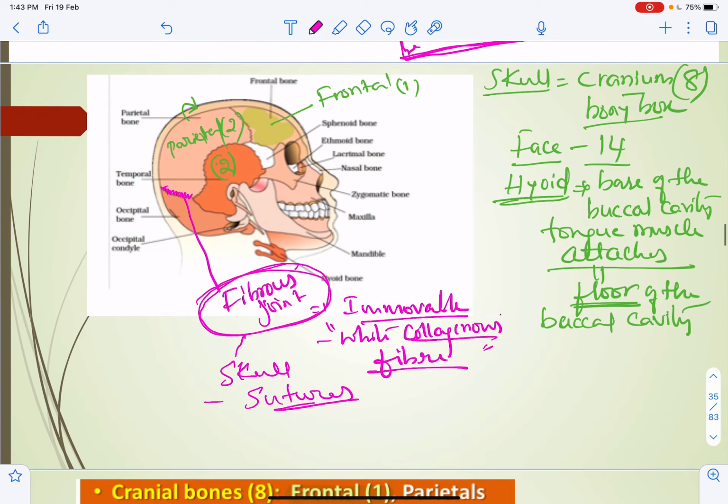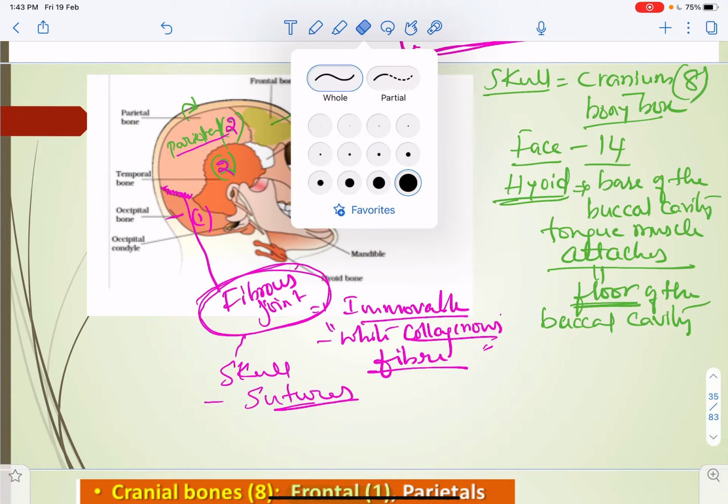Next, the frontal one, the parietal which is 2 in number, total 3, then the temporal 2, that is 5, and occipital single, that is 6, and then the sphenoid bone and ethmoid bone.